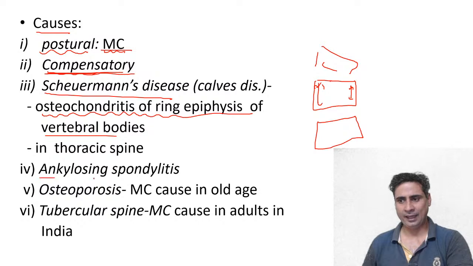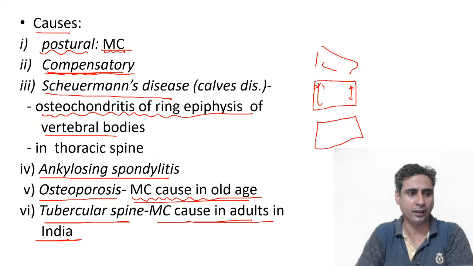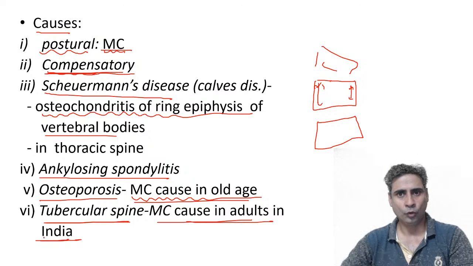It can happen in ankylosing spondylitis. It can happen in osteoporosis, where there is wedge compression fracture, which is the most common cause in old age. It can also be seen in tuberculosis of the spine, which is the most common cause of kyphosis in adults in India. So we have finished 2 more chapters.